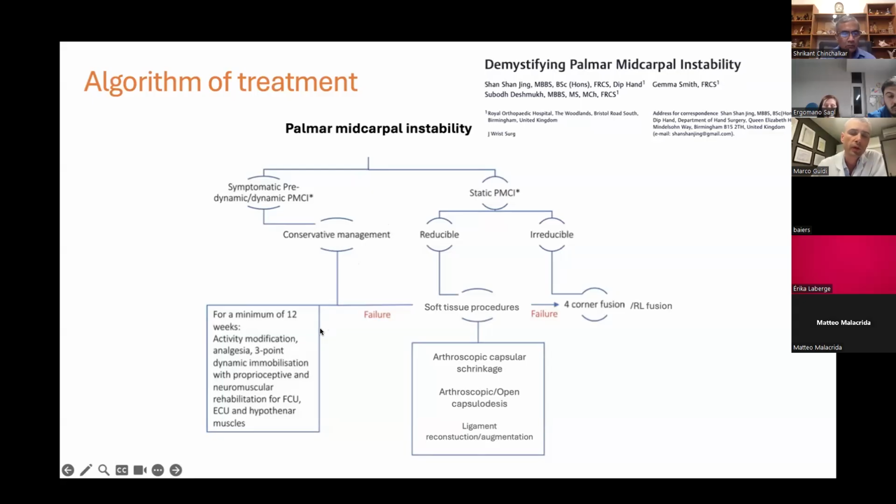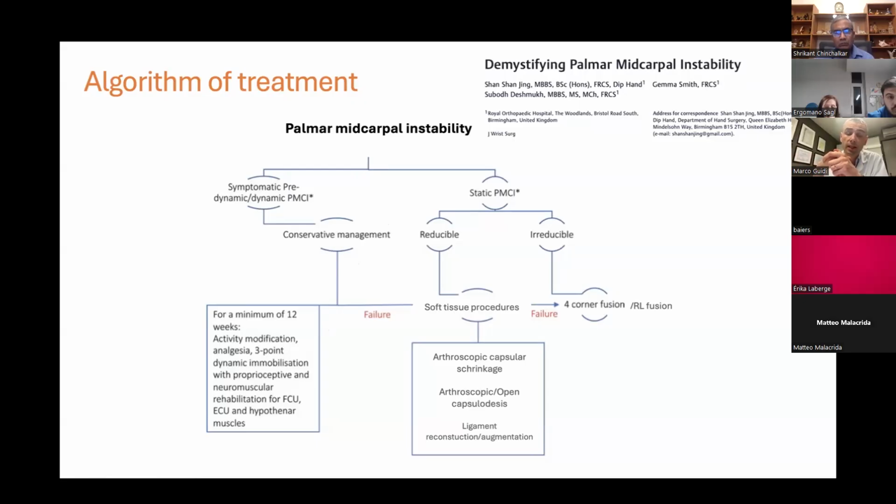For a minimum of 3 months, you need to keep on strengthening the pisotriquetral unit, the hypothenar muscle, the extensor carpi ulnaris, the flexor carpi ulnaris, and try, of course, to start in supination, because in pronation, if you use this little spinning ball or spinning instruments, you can develop some midcarpal instability.